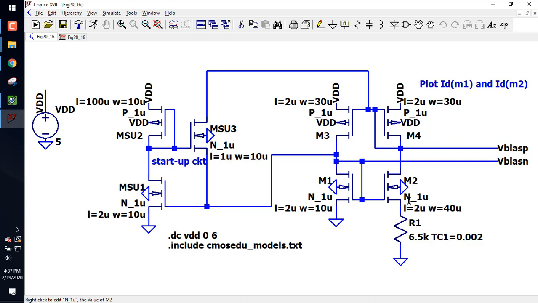Okay. Now, I don't want to use this transistor. This has been multiplied up.